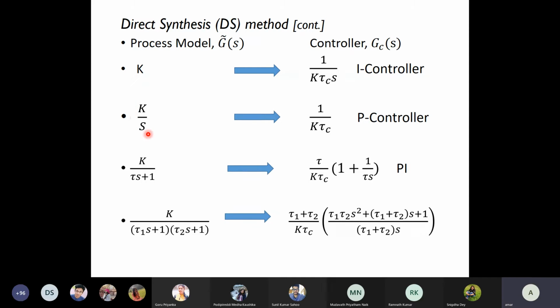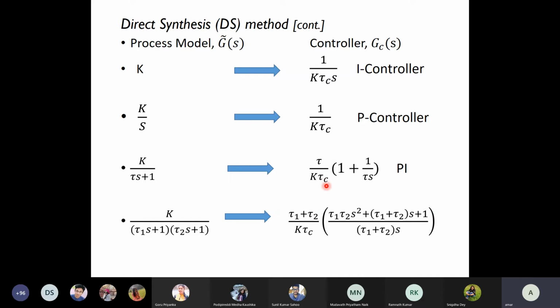Similarly, if I have a pure integrating process, then I need only a proportional controller to control it. For a first order process, I will get a PI controller. Now in this PI controller, you can see you have only one tuning parameter, which is tau C.